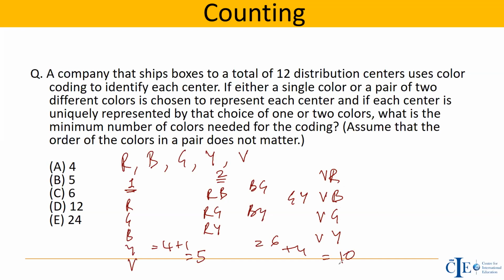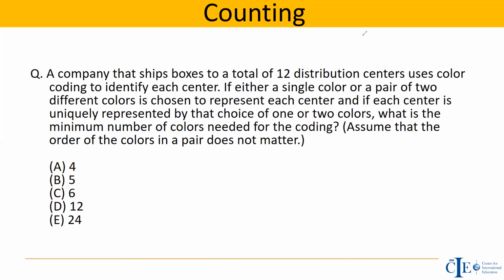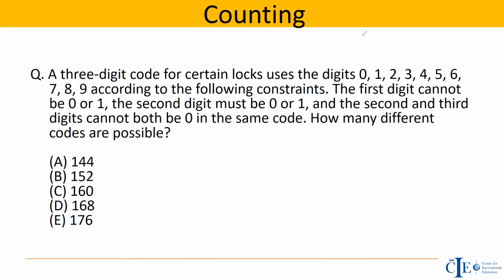So you're going to have 5 plus 10, which is 15. And that's how you get that 15 there. Right, so 5 is good enough. 4 won't be sufficient. Okay, now check this.